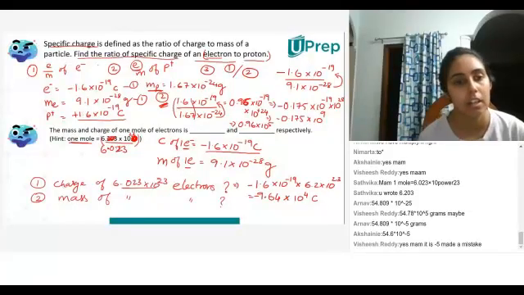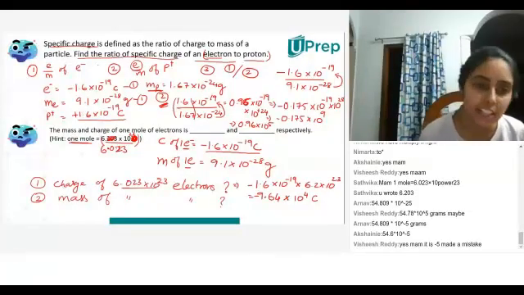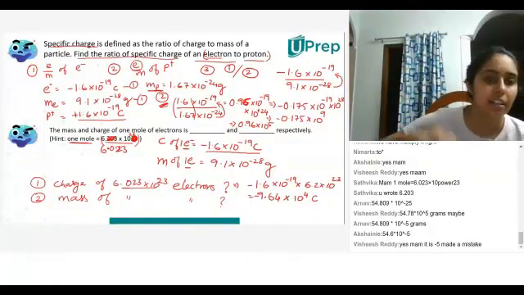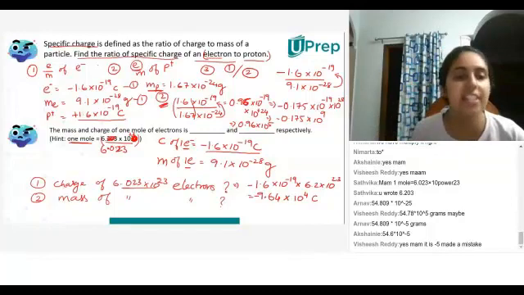Yes, it's 10 to the power minus 5. Vishesh, you need to check your answer one more time. It will be 10 to the power minus 5. Good, Arnav. Very good, Akshayani. Make sure you write the units. Yes, Vishesh, it is 10 power minus 5.